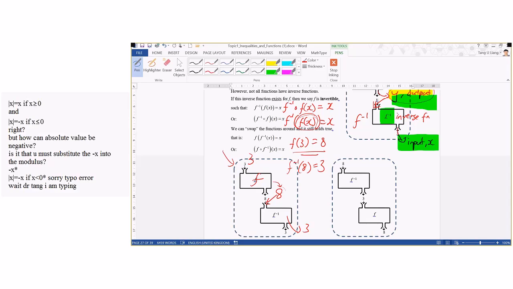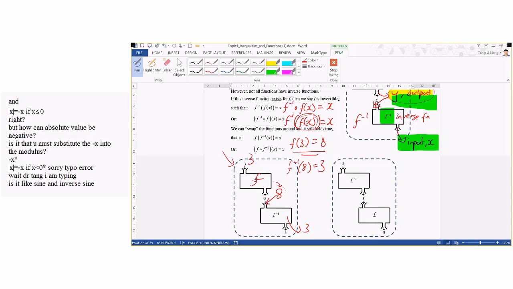Yes, you're right. That's one example of the use of inverse functions, sine and inverse sine. So like cosine and inverse cosine, or tangent and inverse tangent, those are examples of inverse functions.